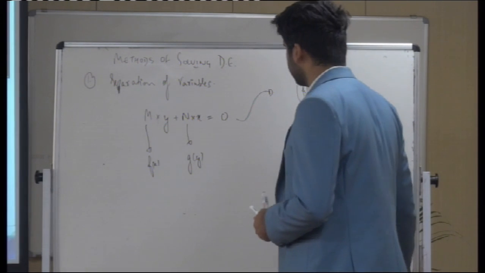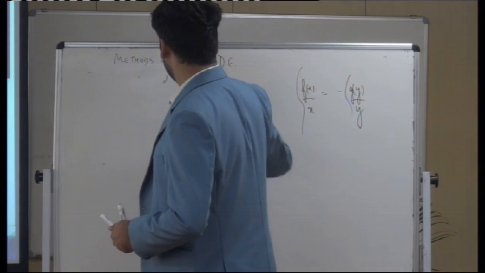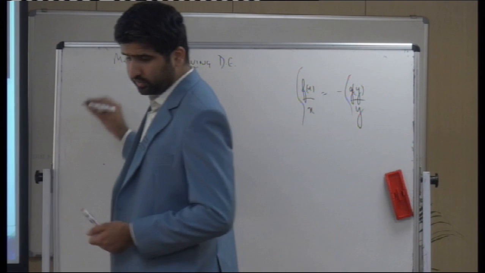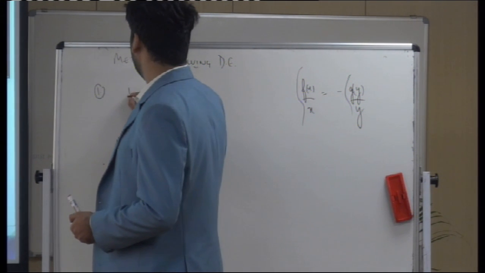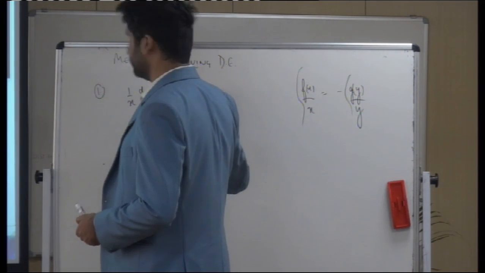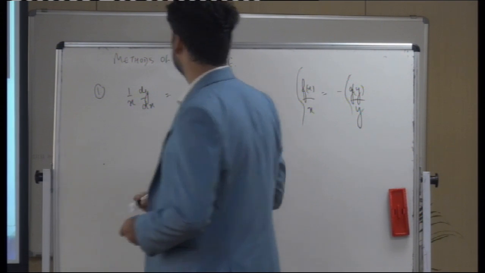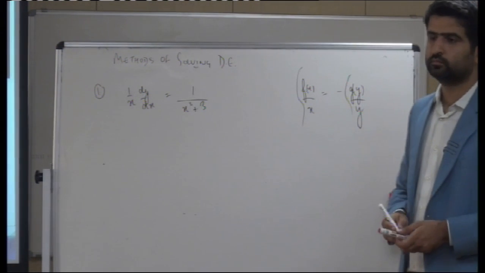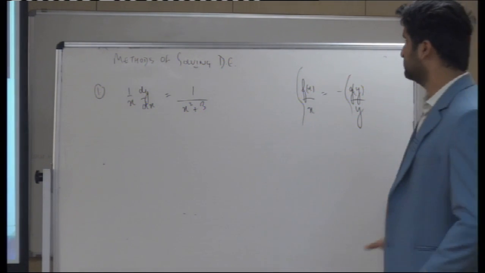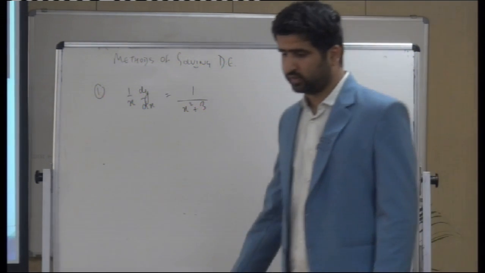So let's start with some simple questions in this case. First one is 1 upon x dy upon dx is equal to 1 upon x square plus 3. So it's a simple one, right?